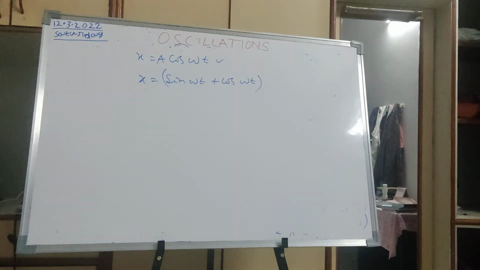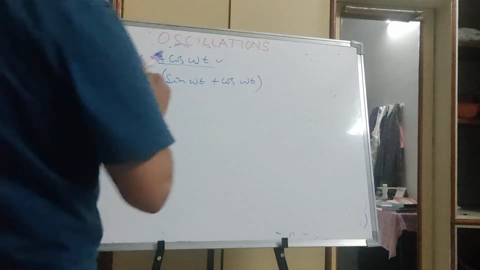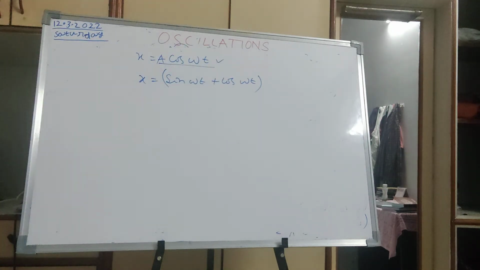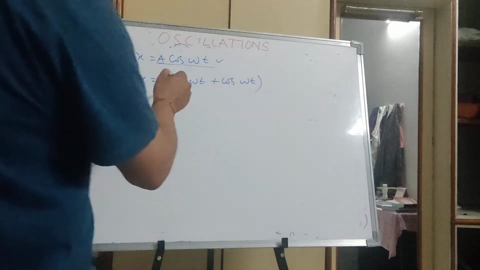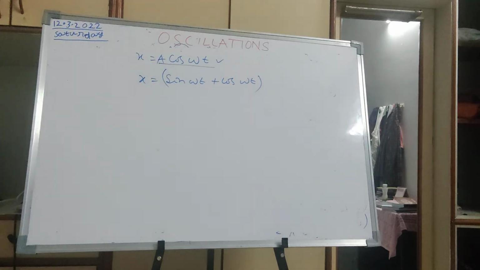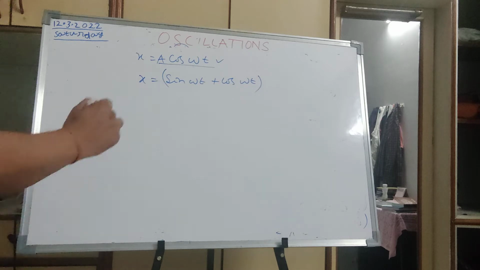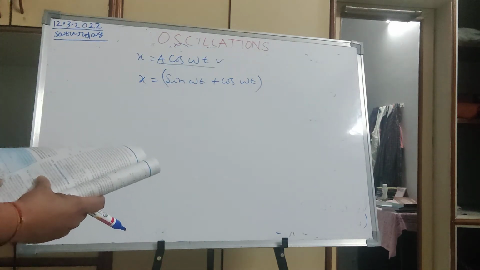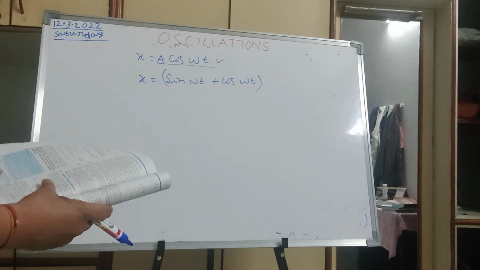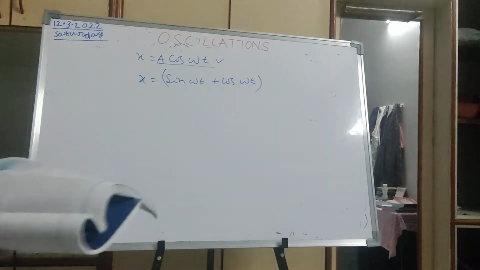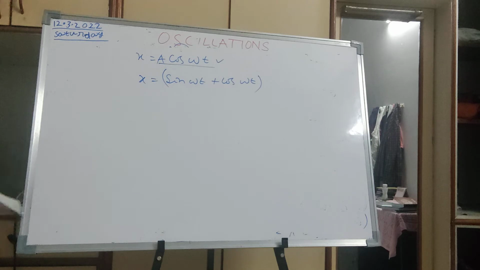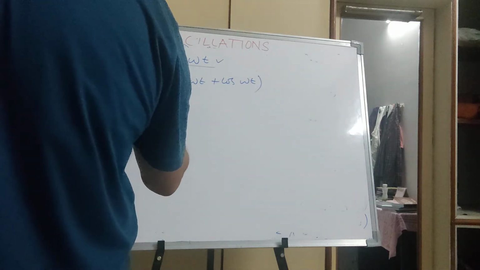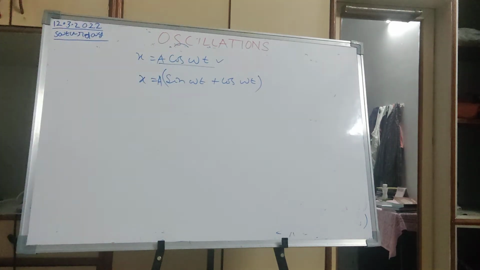We know x equal to cos omega t is simple harmonic, very clear. Sin omega t is also a simple harmonic motion. So for a into sin omega t plus cos omega t, we have to see whether it is simple harmonic or not.